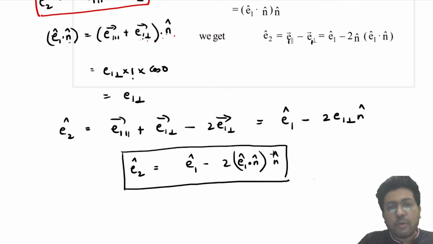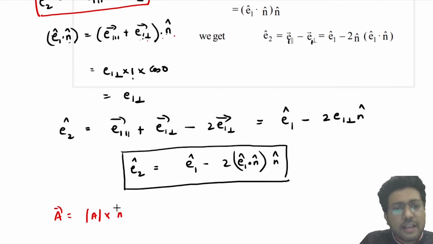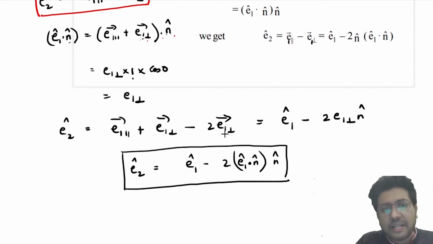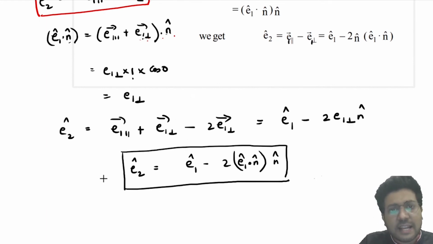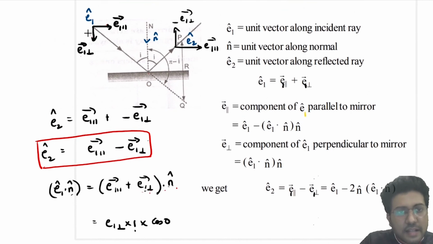Now you also know that any vector can be written as the magnitude of that vector multiplied by the unit vector in that direction. So E1 perpendicular vector can be written as E1 perpendicular multiplied by the unit vector in this direction. The unit vector in the direction of E1 perpendicular is N cap.